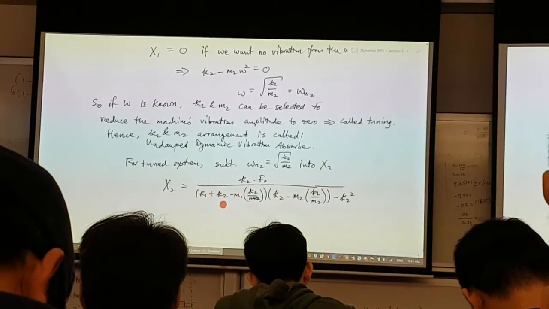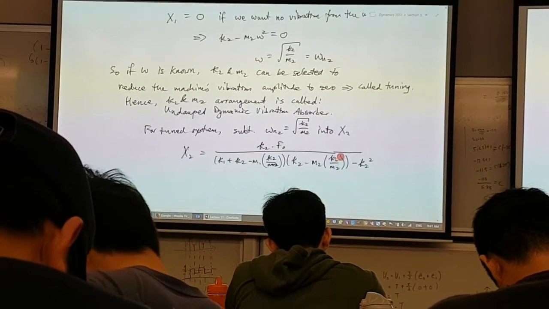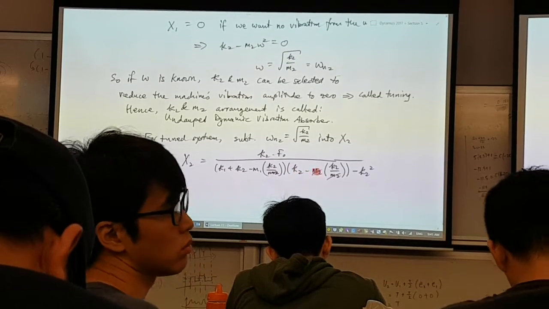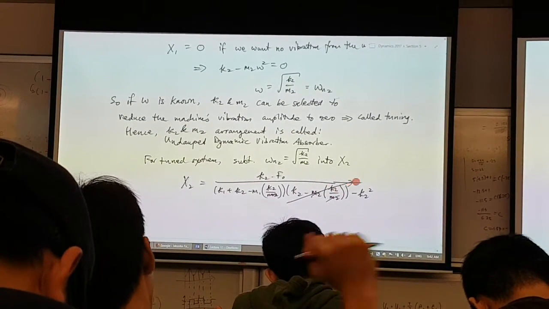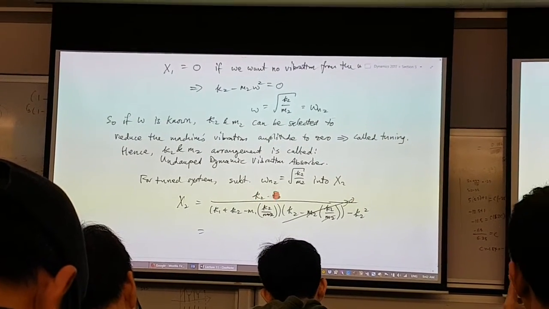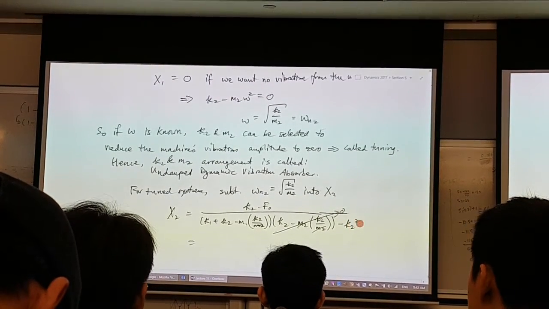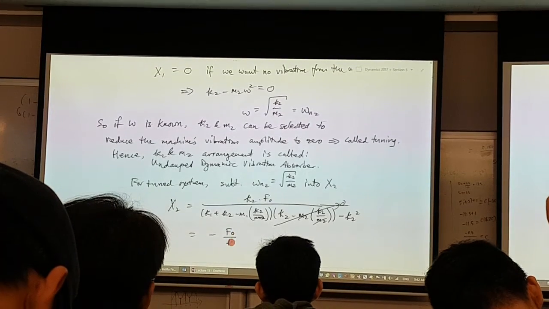If you work this out, you can see that this term over here is K2 minus K2, so this whole term becomes 0. You're left with K2 F naught divided by minus K2 squared, which gives us minus F naught over K2.